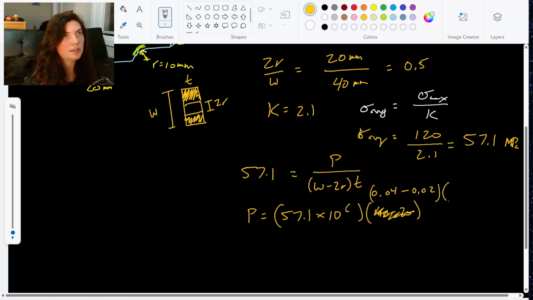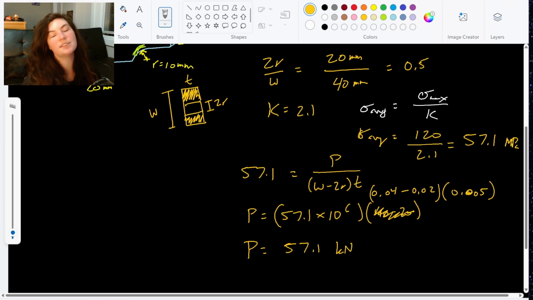So this times 0.005. There we go. And now I can punch all of that into my calculator and get a P value. So the maximum load that it could handle with this stress concentration is, coincidentally, 57.1 kilonewtons.